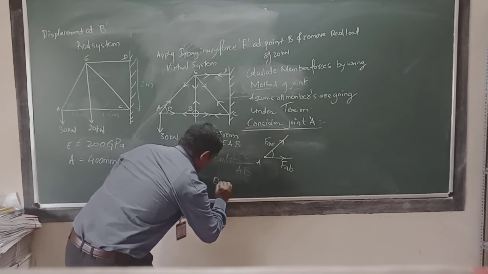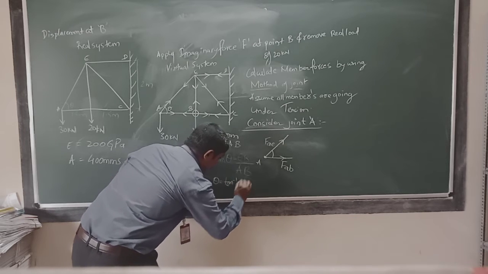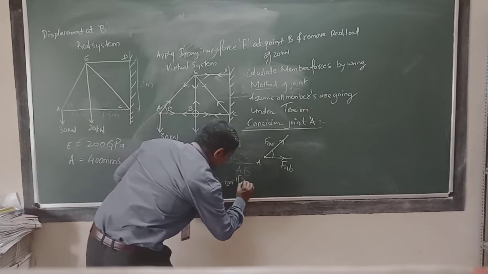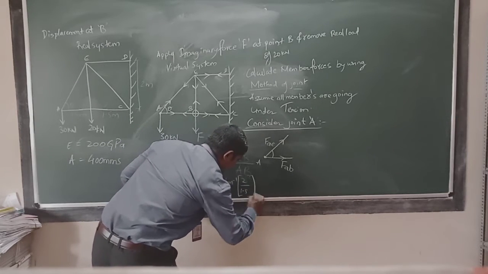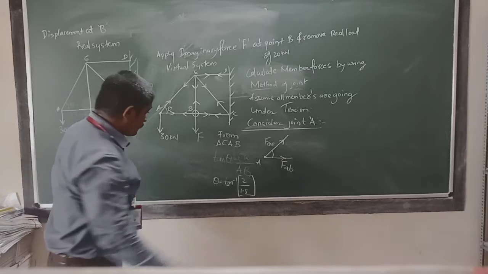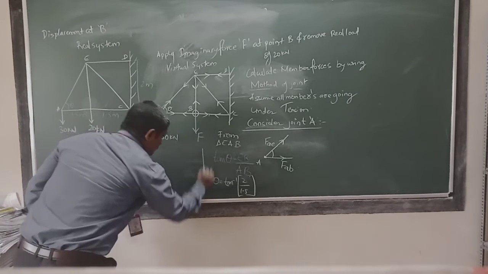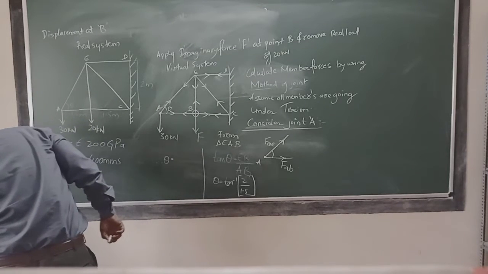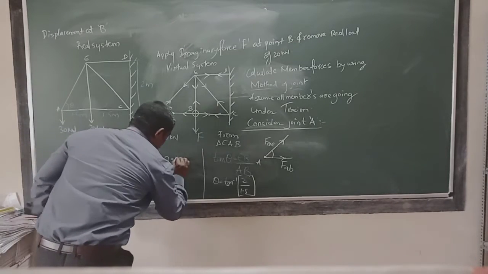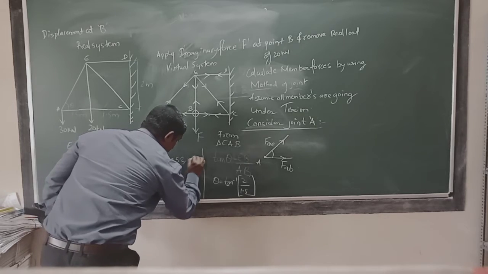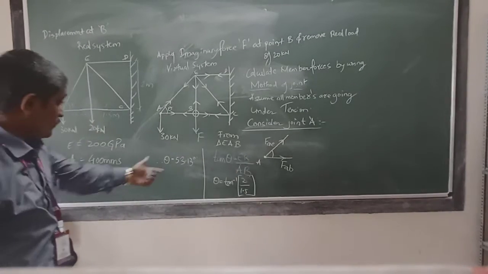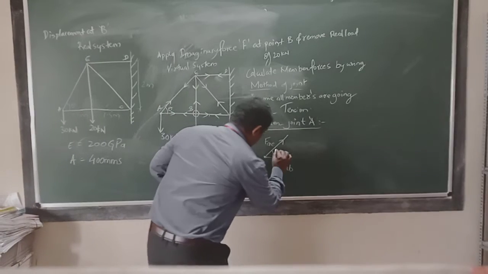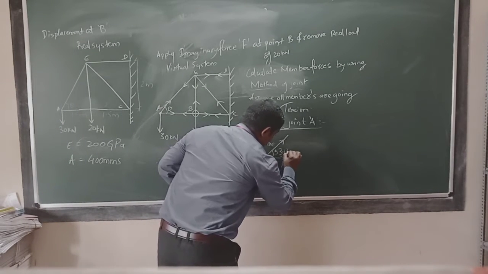So theta is equal to tan inverse of EB by AB, where EB is 2 meter and AB is 1.5 meter. When you solve this, you get theta as 53.13 degrees.